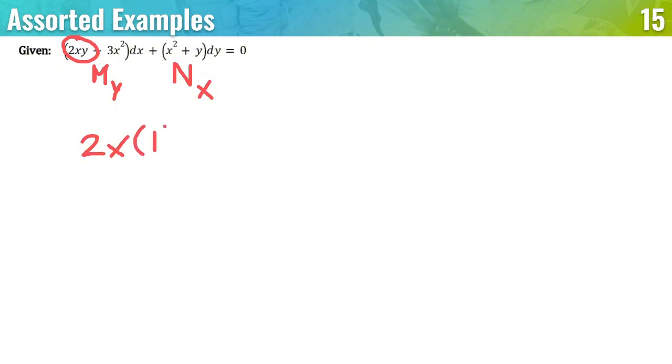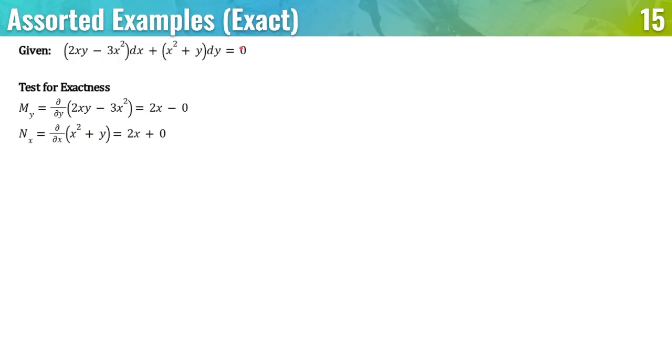So it's 2x times 1. And then for n sub x, we have this with respect to x. So it's only this term we're interested in. So this is going to be 2x. As you can see, it's equal now. So we can confirm that this is exact.